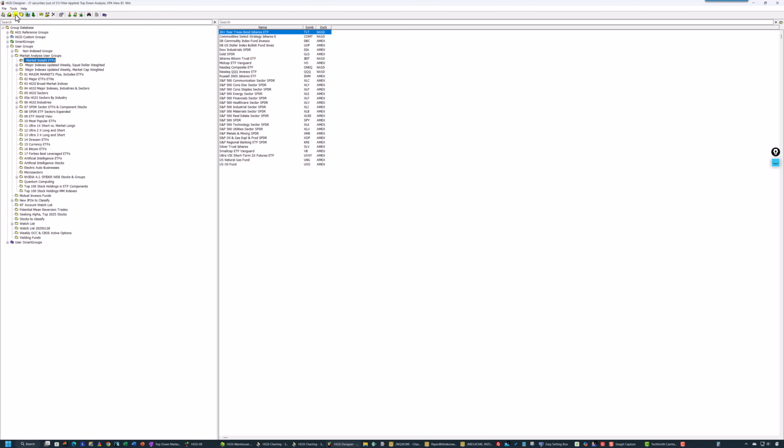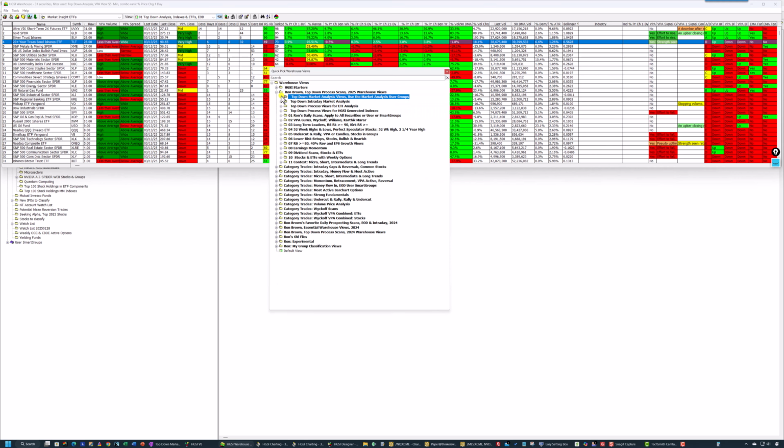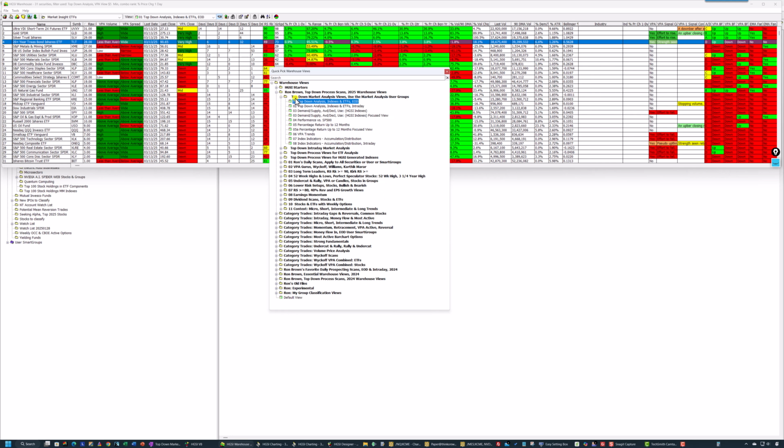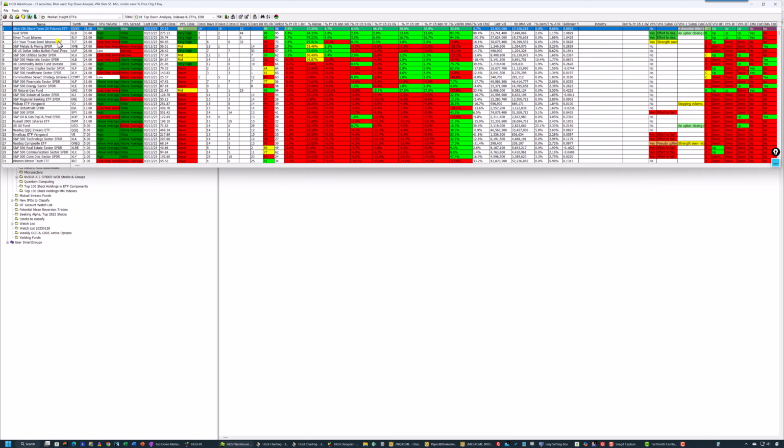So I'm going to click through to the warehouse, and where I go here, I just go into my top-down market analysis view and click on number 1, sort on raw combo, and what this gives me is a picture of what happened yesterday.